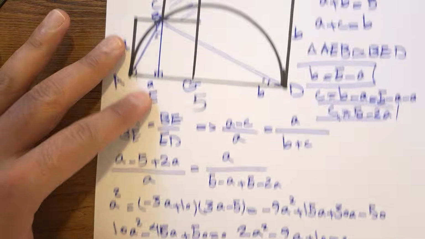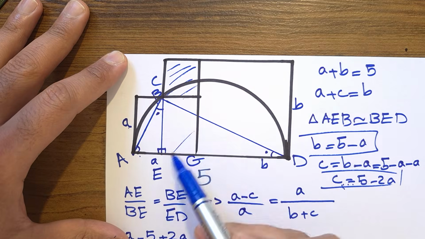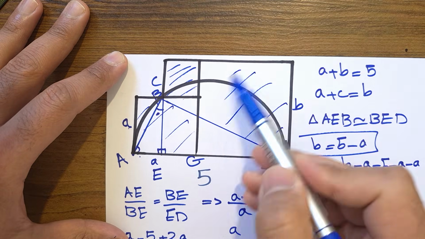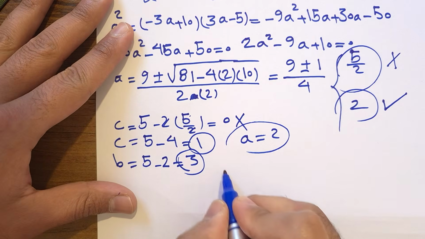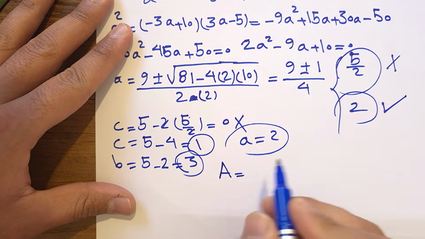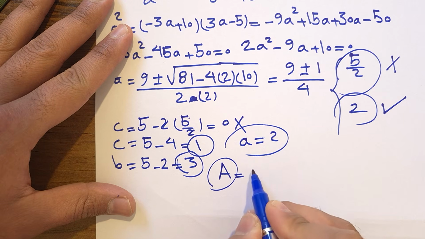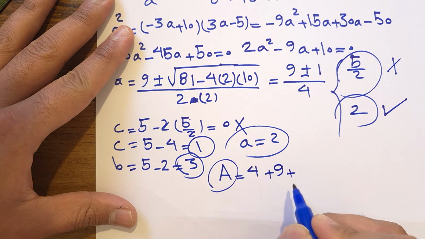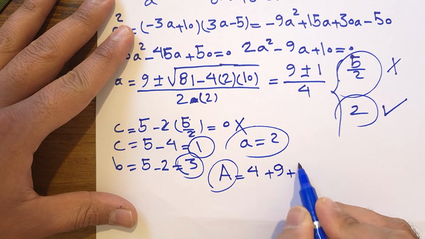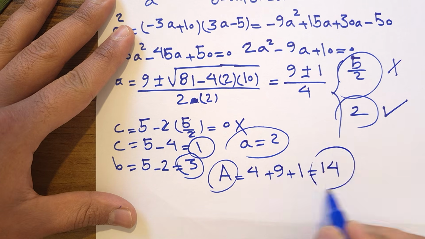And then the sum of the areas. So it is A squared plus B squared plus C squared, because they all are squares. So the total area equals A squared, or 4, plus B squared, or 9, plus C squared, or just 1. So 13 plus 1, 14 square units.